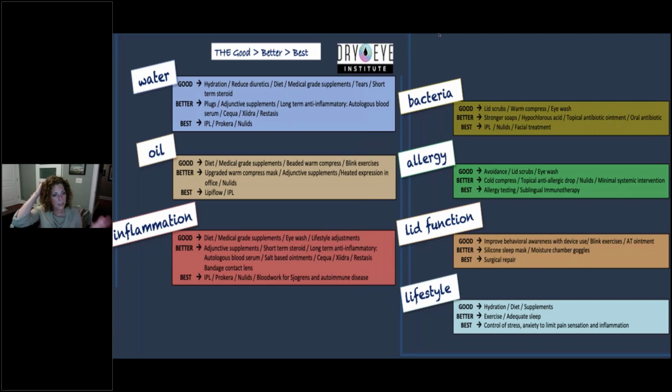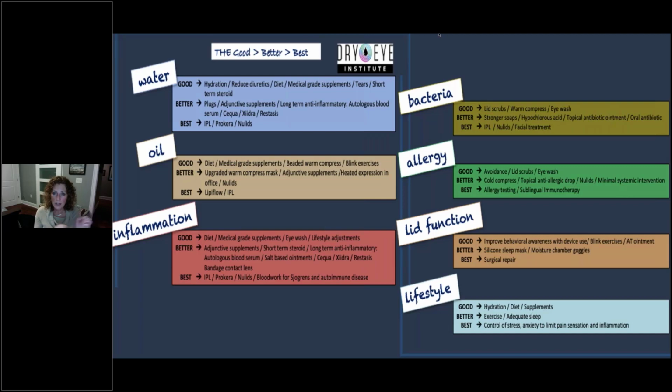So, for example, if I've got an oil problem, all right, you've got an oil problem. Here's your good, better, best option. Good is going to be lifestyle. It's going to be everything we talked about on the diet, the hydration. I'm going to get you a good medical grade nutraceutical, and a warm compress mask that lasts, one that meets the study criteria. It's 15 minutes, 104 to 110 degrees, and moist heat.